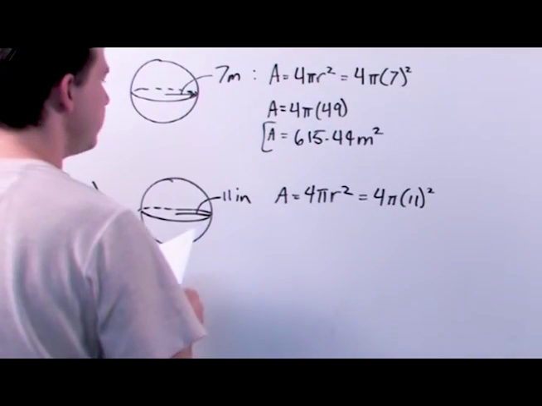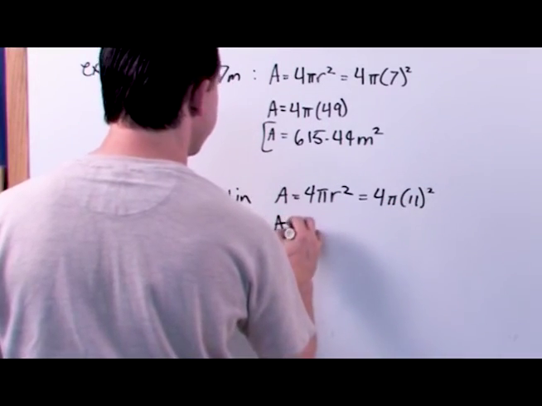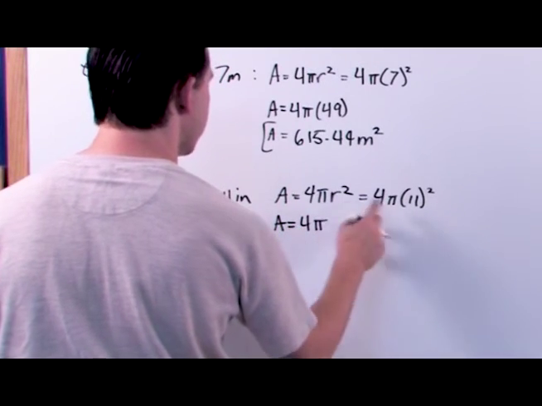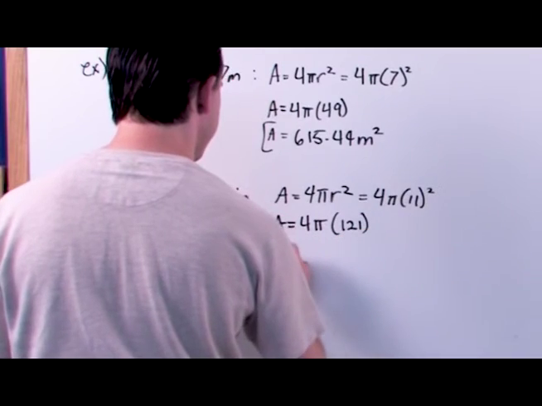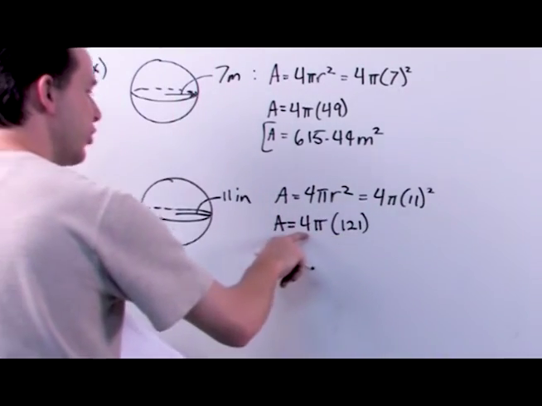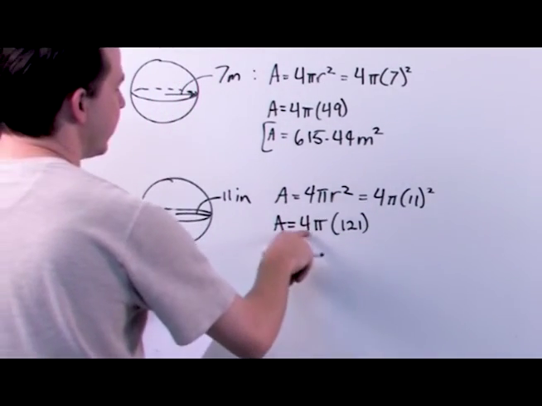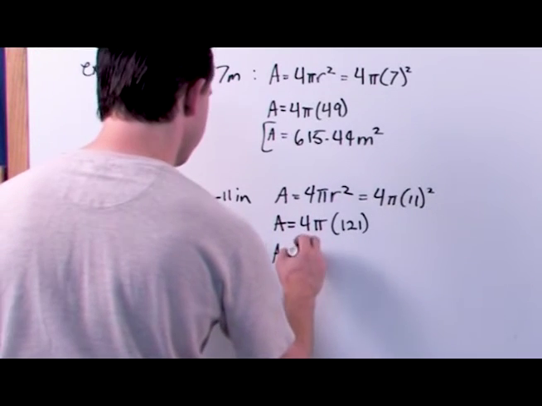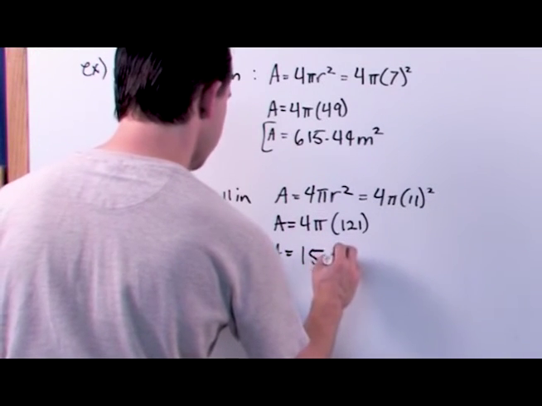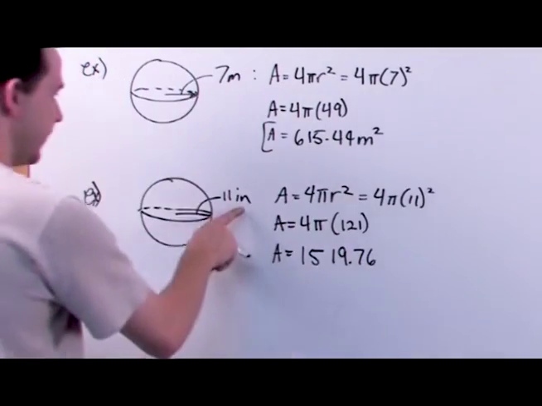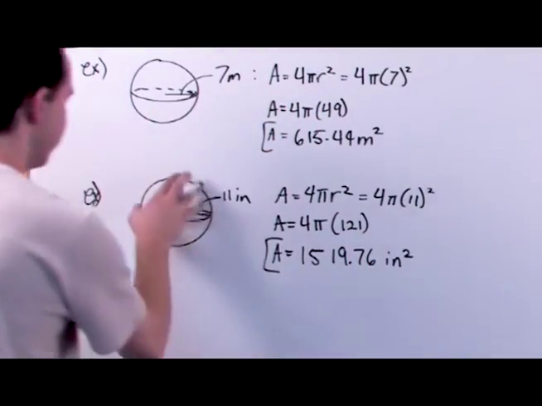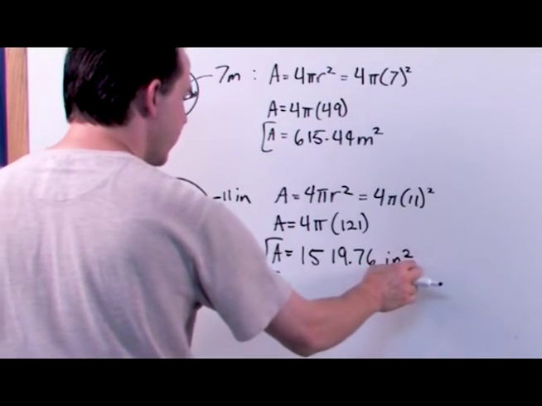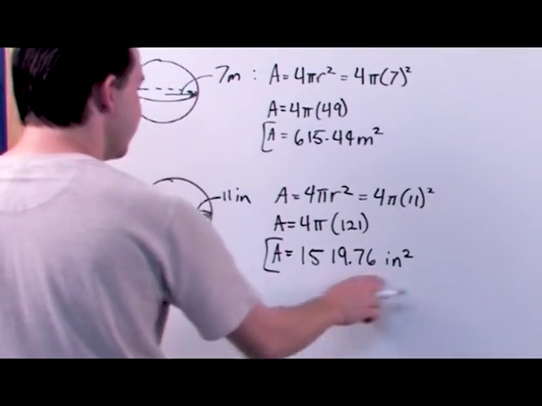The area is going to be equal to 4 pi, 11 times 11 is 121. So when you crank this in your calculator, or you can do it by hand, 4 pi times 121 is going to be 1519.76, and you're dealing with inches, so it's going to be inches squared, because this is the surface area. Surface area always has to have square inches or square feet or something, and then you just crank through it.